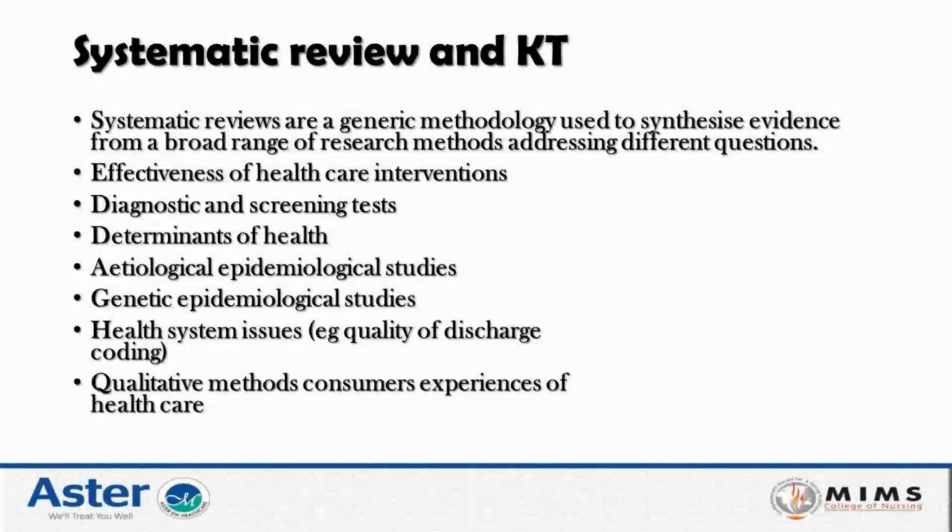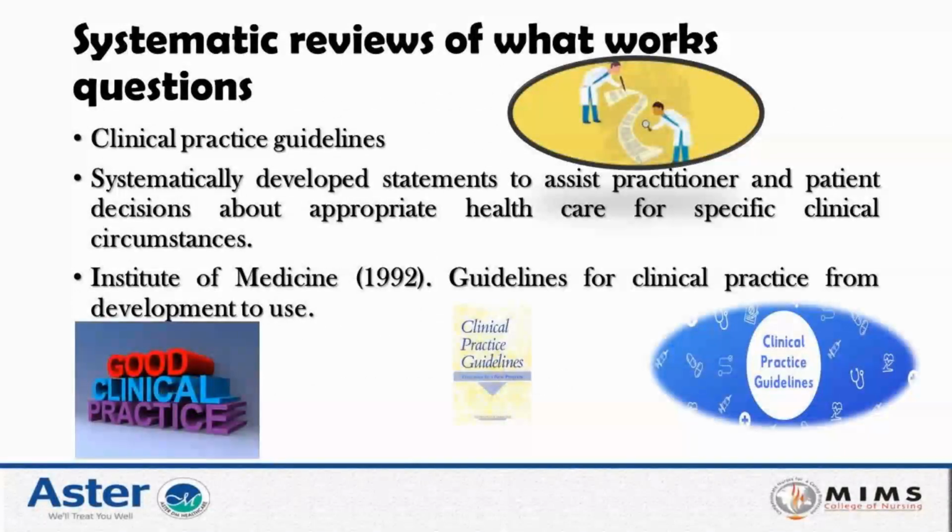All these can be kept for systematic review, and you can extract the findings from different studies through systematic review. Once we extract the findings with its impact value, you may be able to use these findings for developing clinical practice guidelines.